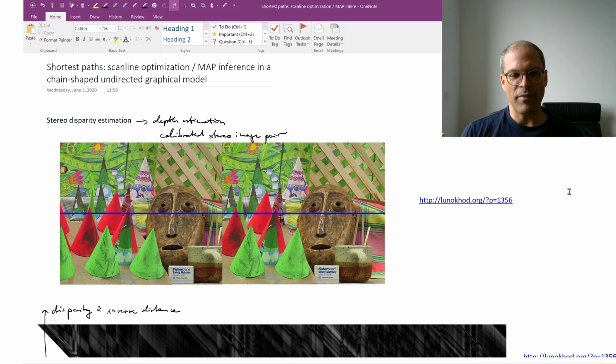A standard problem in computer vision is to try and get a depth map from two stereo images. Us humans, we're using stereo. And how do we do it? If I take an object which is nearby and you look at it with one eye or the other, you see that it jumps a lot.